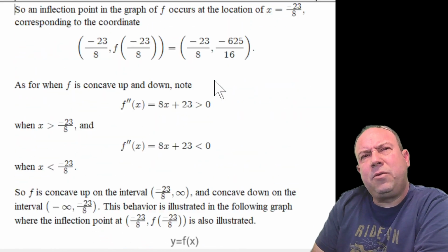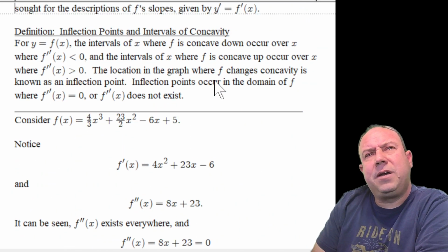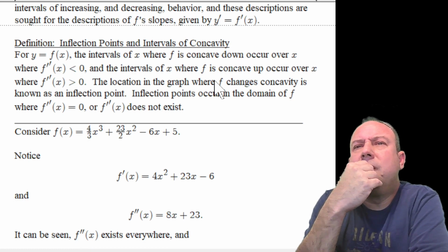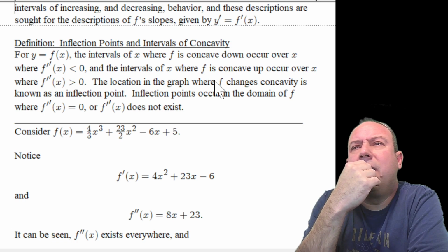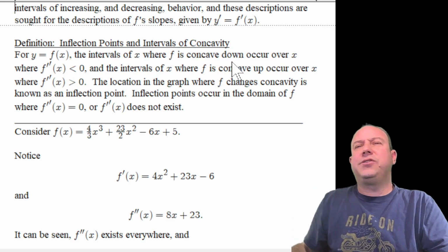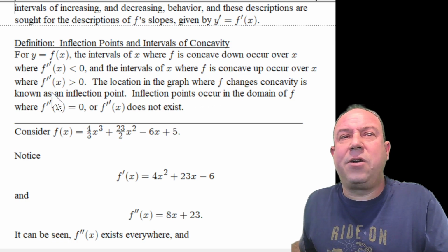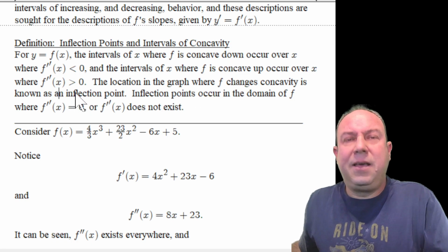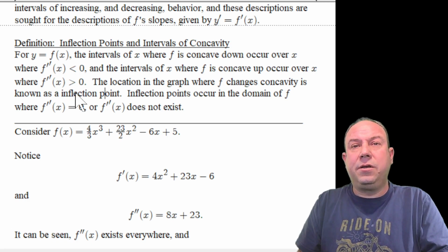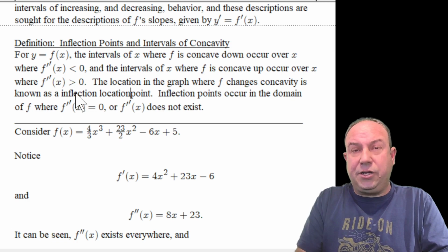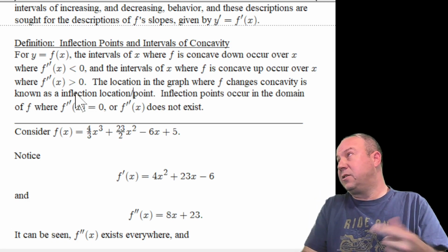And it kind of makes me want to change my notes a little bit up here. Let's say here the location in the graph where f changes concavity is known as an inflection location / point. It's going to be one or the other.